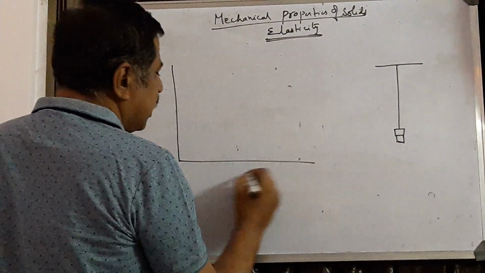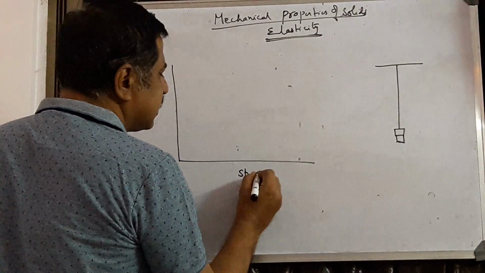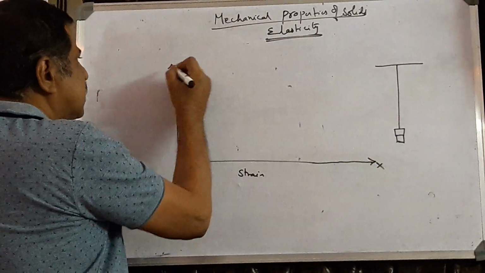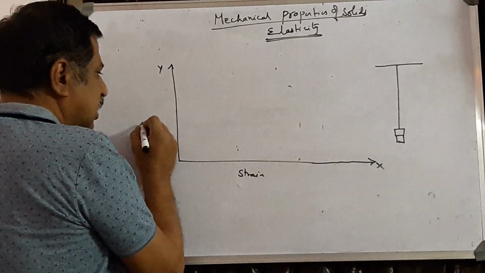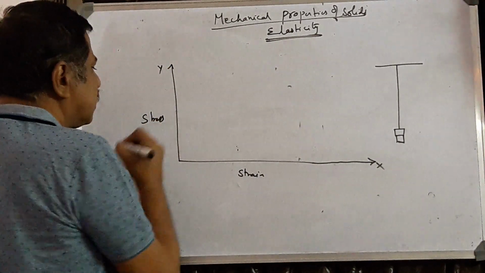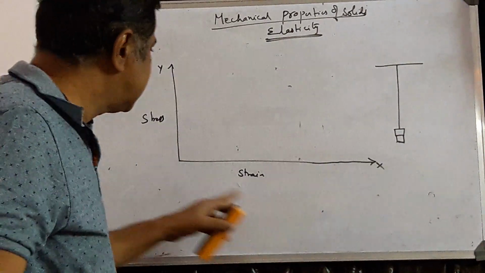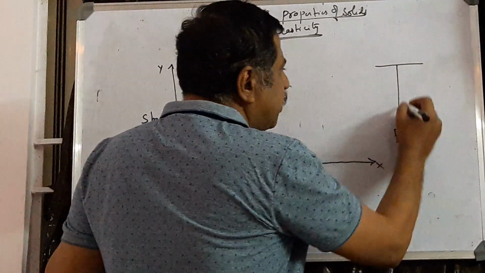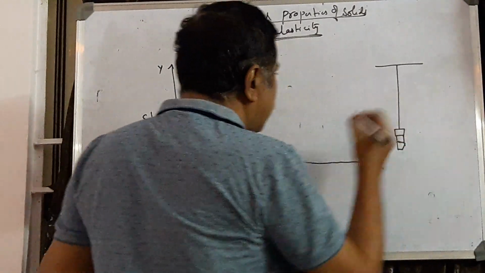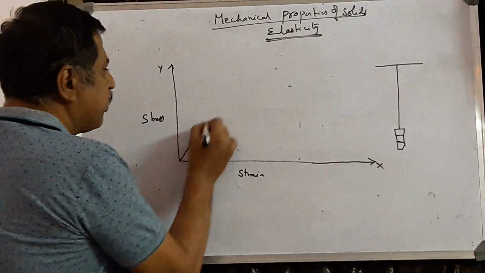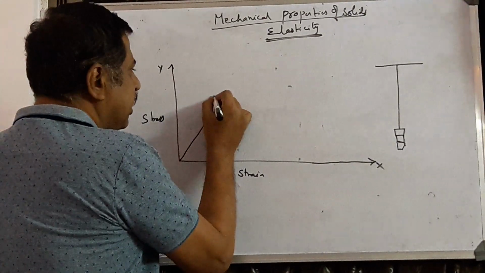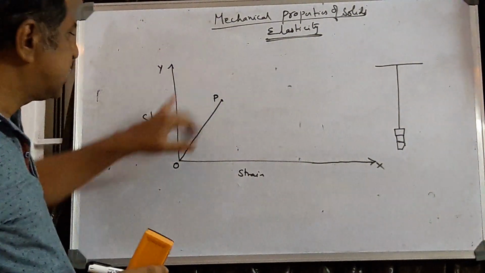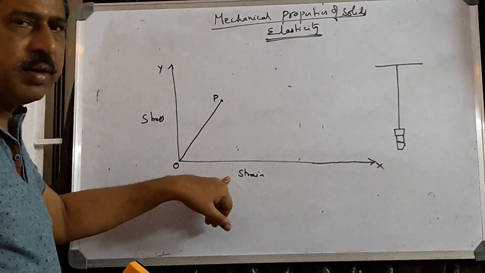We take strain on the x-axis and stress on the y-axis. Up to a certain extent, if you increase the load, stress is directly proportional to strain. It is known as P, and the origin is taken as O.